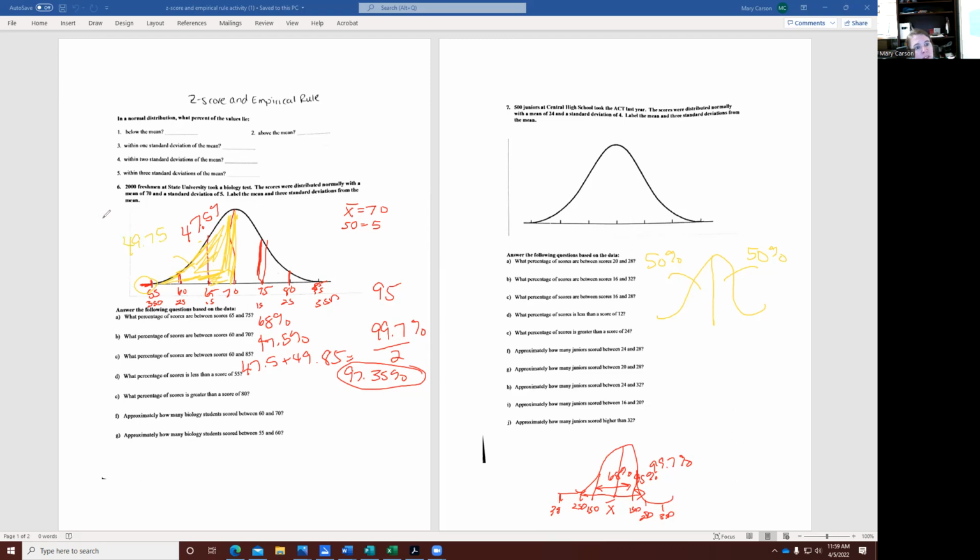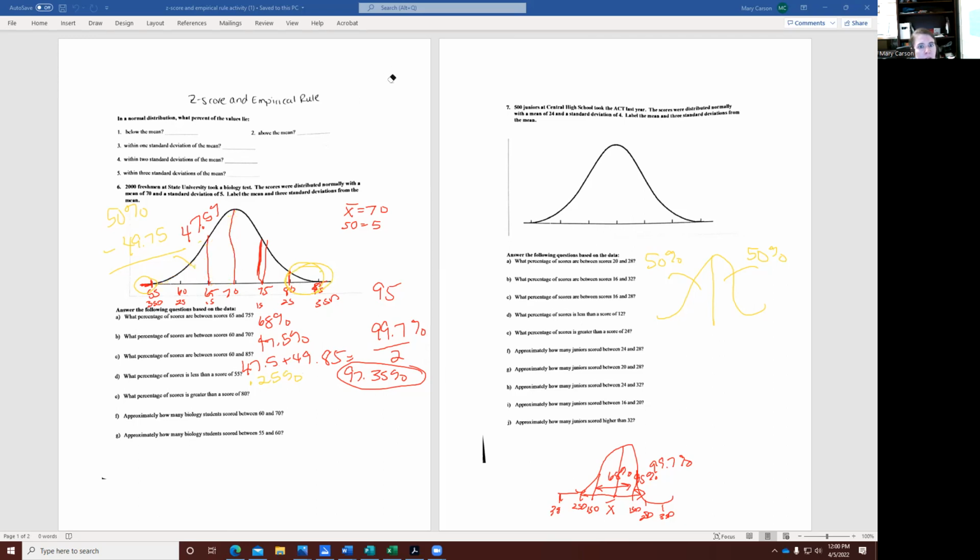The total of this half is 50, so we subtract: 50 minus 49.85 gives you 0.15%.